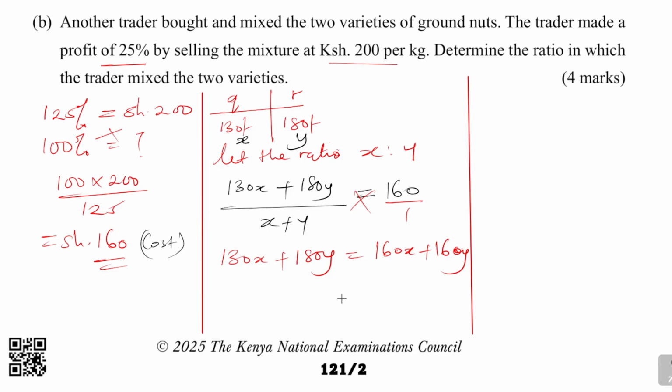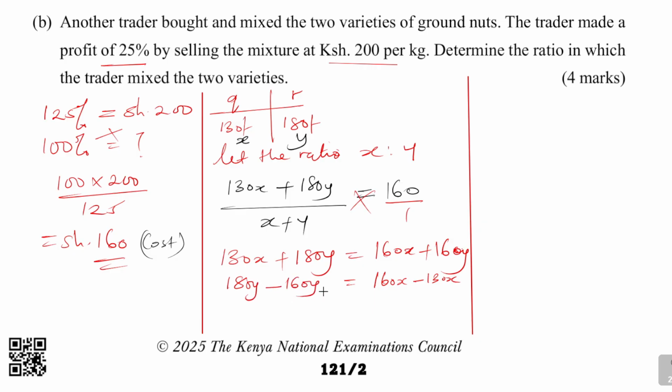Then from there, I can take the like terms to one side, so that I have 160x subtract 130x on one side, and on the other side 180y subtract 160y.